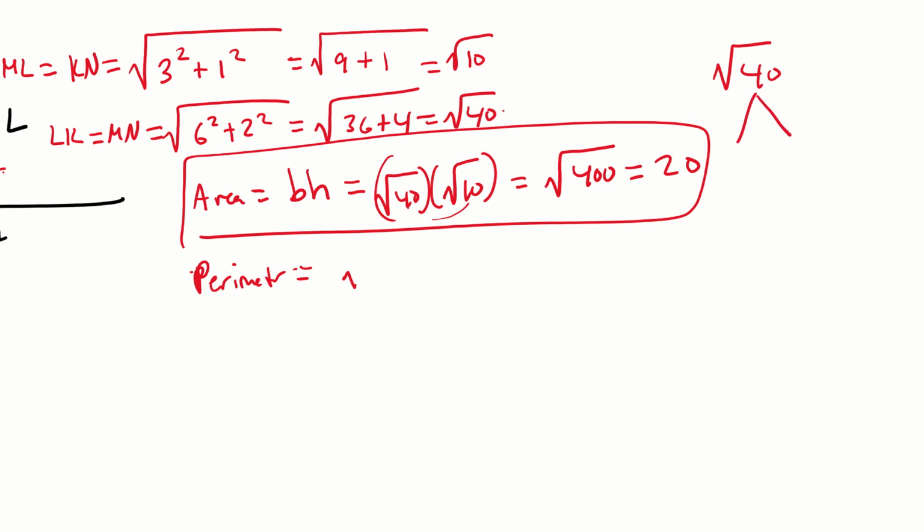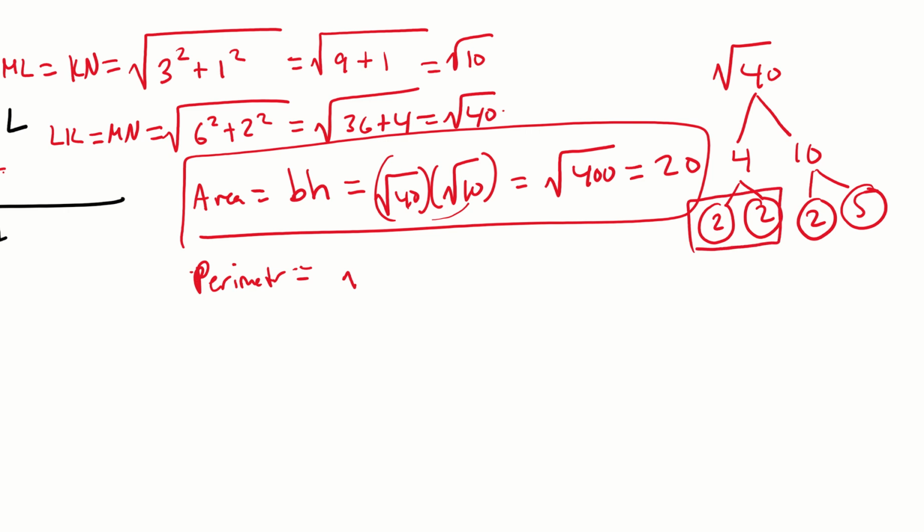We can break this into 4 times 10, and 4 is 2 times 2, and then 10 is 2 times 5. Notice we got a pair of 2s that we can give the boot, so that can get kicked out. So then this turns into 2 times the square root, and then the rest of them have to be multiplied back in. So it's going to be 2 square root of 10. All right, so that's what square root of 40 is. So let me just write that, 2 square root of 10.